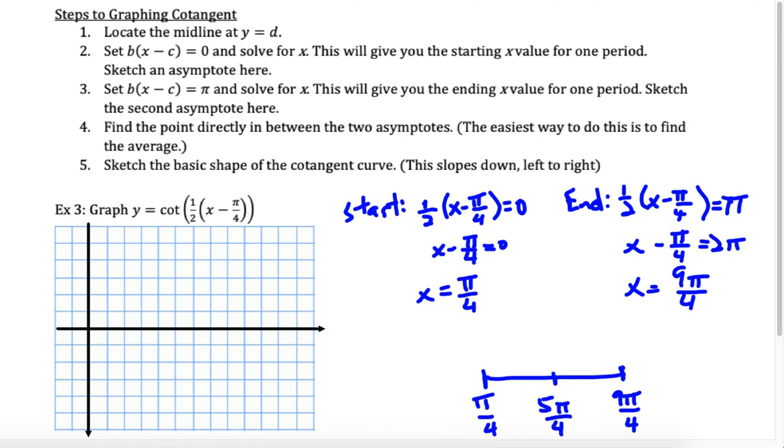Right? So let's label our key points: pi over 4, 5 pi over 4, and 9 pi over 4. I'm going to sketch in my asymptotes.